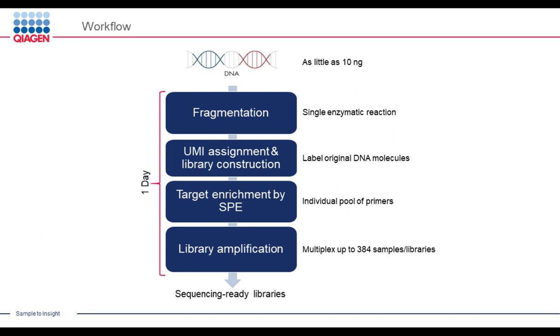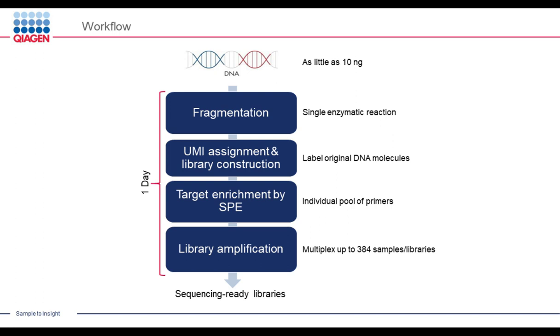I mentioned before that we assign unique molecular indices before any amplification takes place, and this is shown here at a high level. Basically, you take your input DNA, and the workflow tolerates as little as 10 nanograms of input DNA. That DNA gets fragmented enzymatically in a single enzymatic reaction to produce smaller fragments.